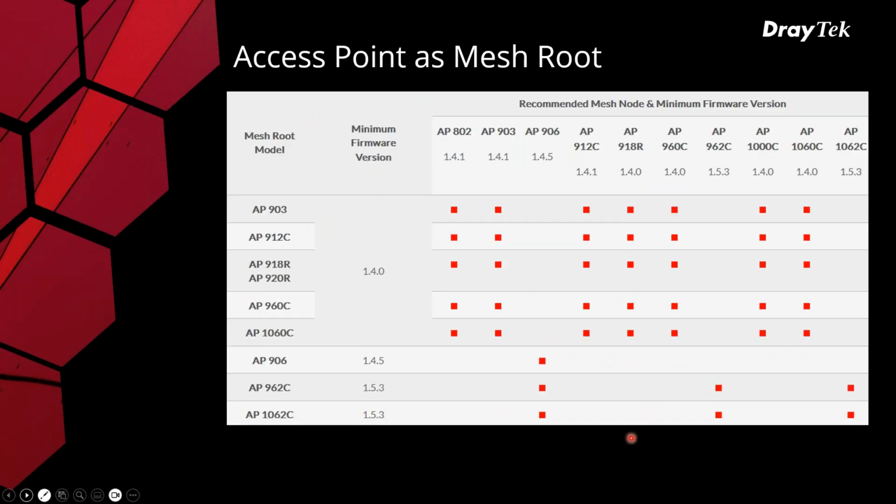Okay, so there was yet another similar question about the meshing technology becoming standardized. There's a protocol that not many people may have noticed, supported by AP962C and 1062C. It's called Easy Mesh, and that's available on the latest DrayTek access points.